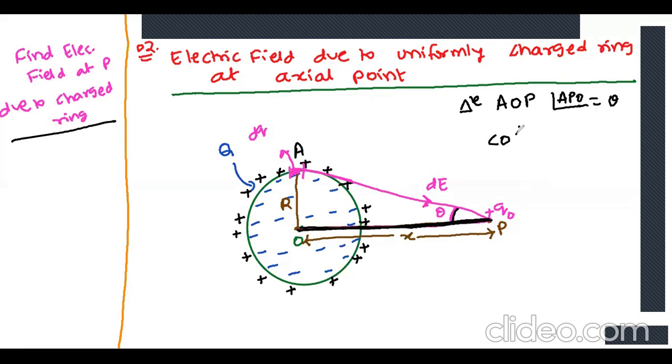So I'm considering cos theta, adjacent side by hypotenuse, that is OP by dE. So OP will be dE cos theta. That is the horizontal component of the electric field.